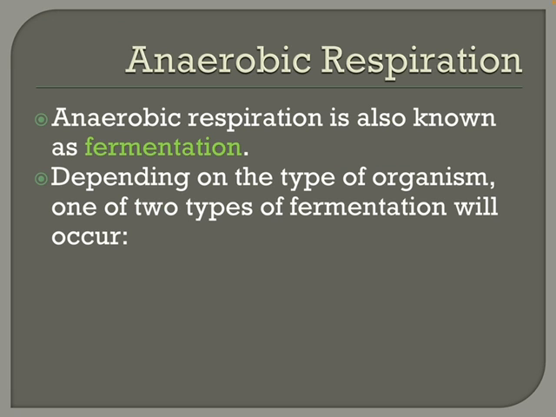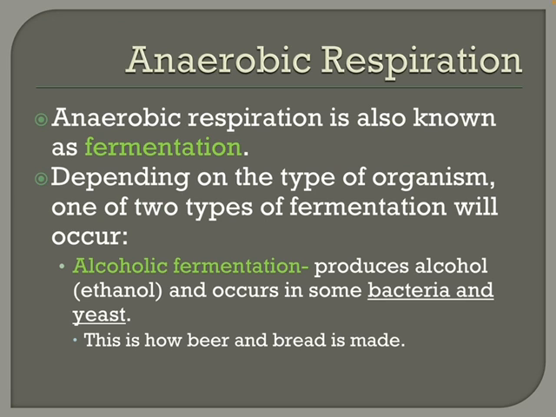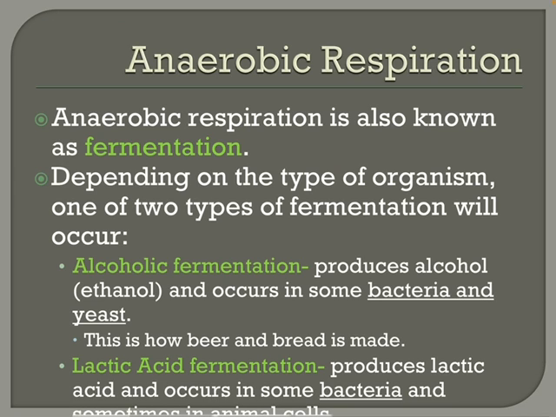And depending on the type of organism, fermentation can occur in one of two ways. Either alcoholic fermentation or lactic acid fermentation. Now, alcoholic fermentation is simply alcohol gets produced, right? Ethanol. So you produce alcohol, just as the name suggests. And this happens in typically bacteria and yeast cells.